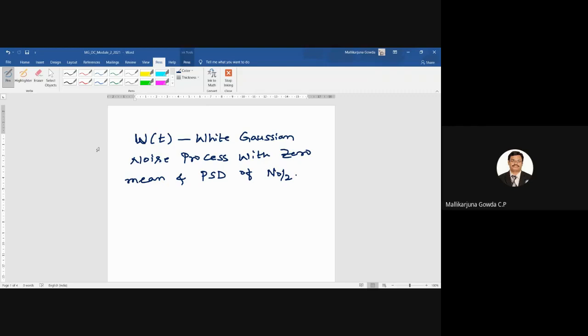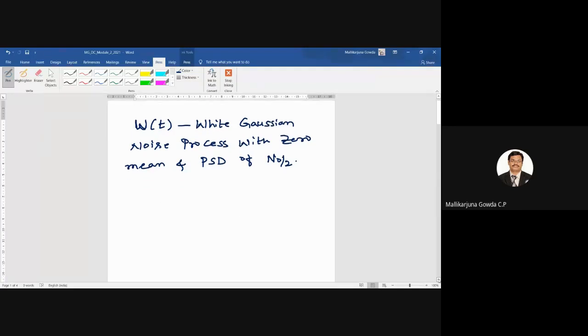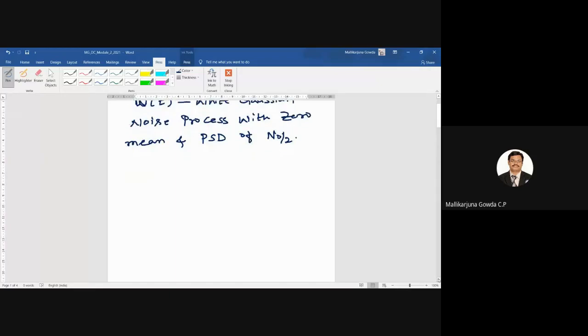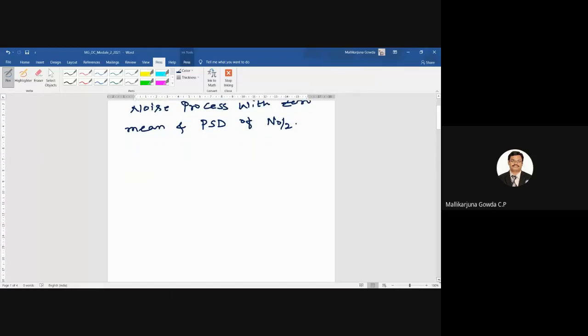Now let us try to find the output of the correlator. Before I write this, let me draw the diagram so that you will be able to get that visualization.